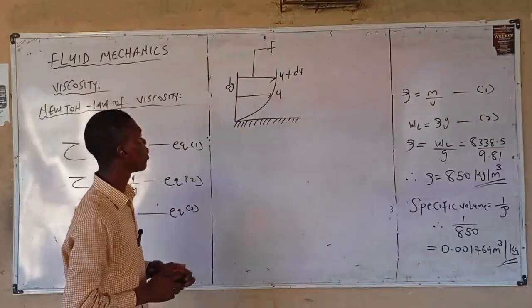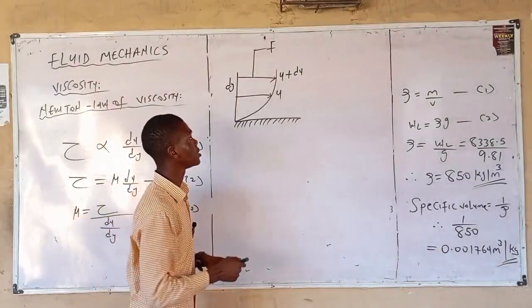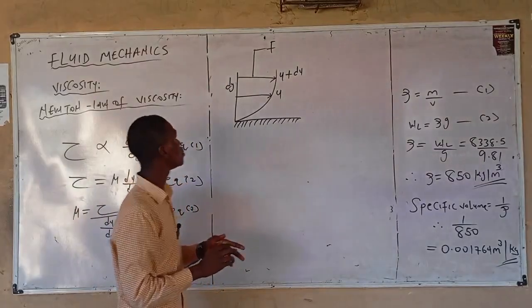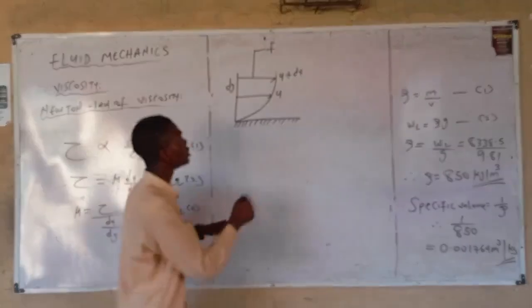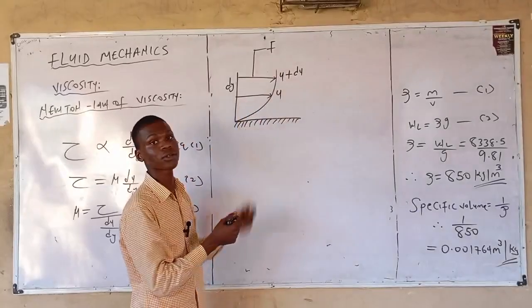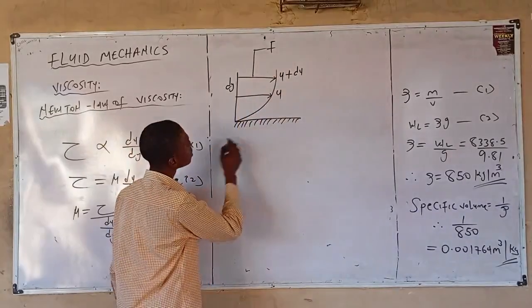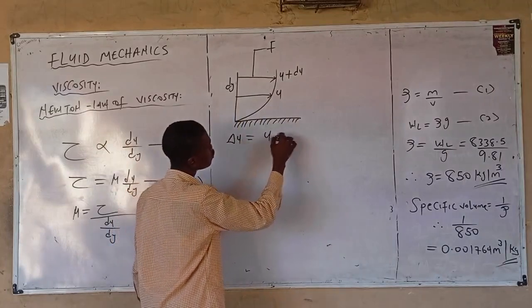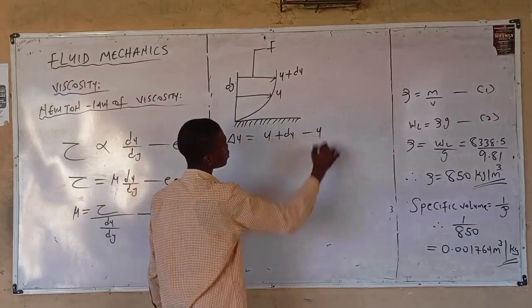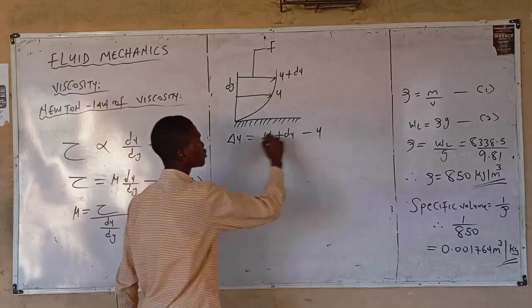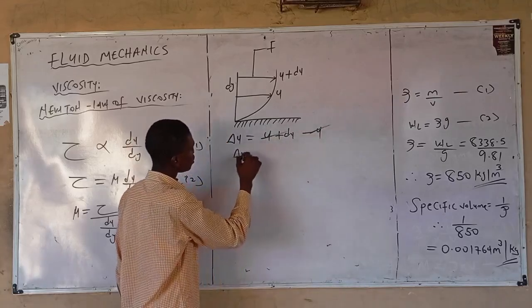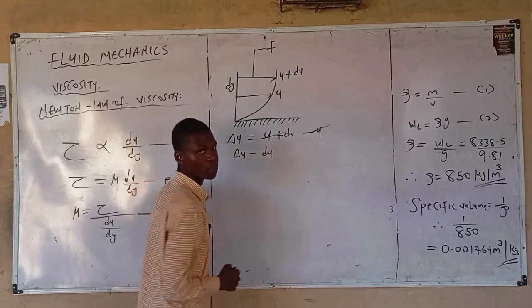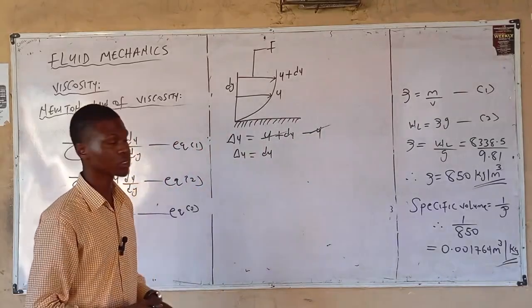Now from here, what Newton's law of viscosity is saying is that the change in u, which is the final velocity minus the initial velocity, is equal to u plus du minus u. Then u cancels u, and we have that the change in u is equal to du. So this is the change in velocity.